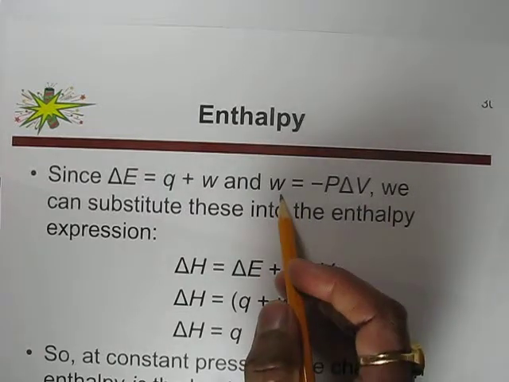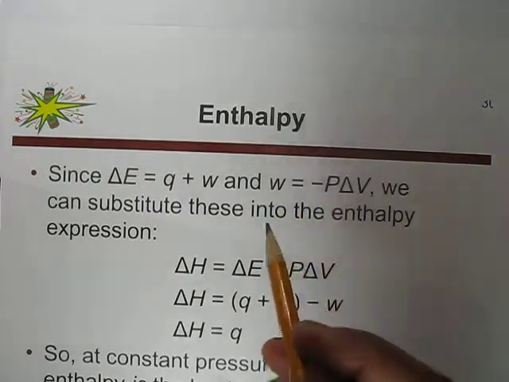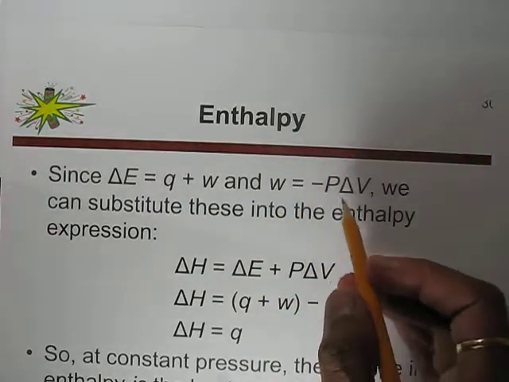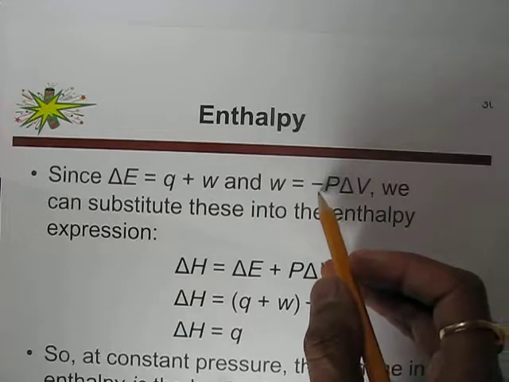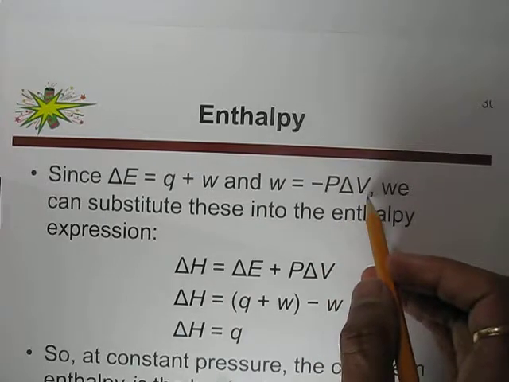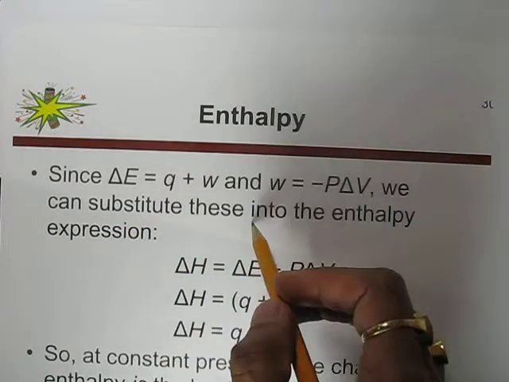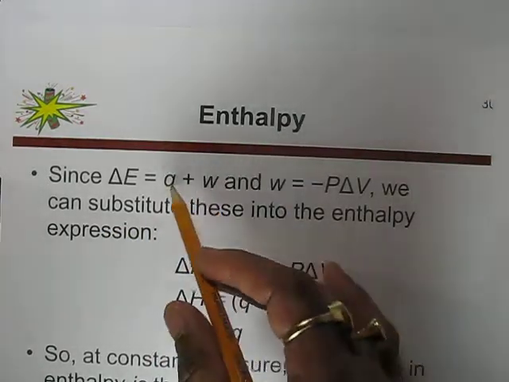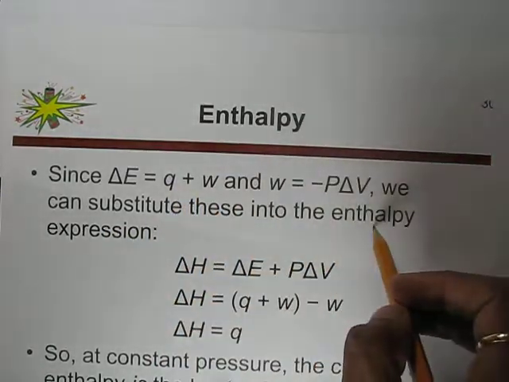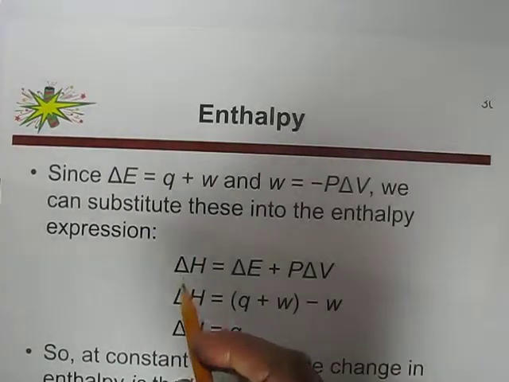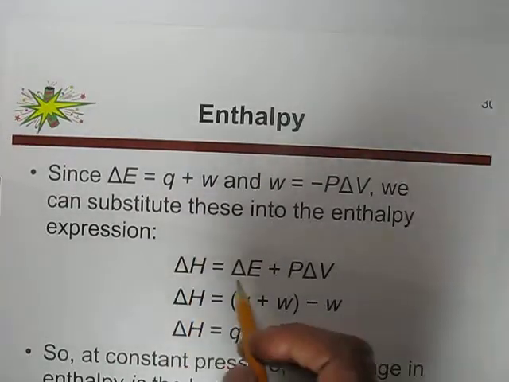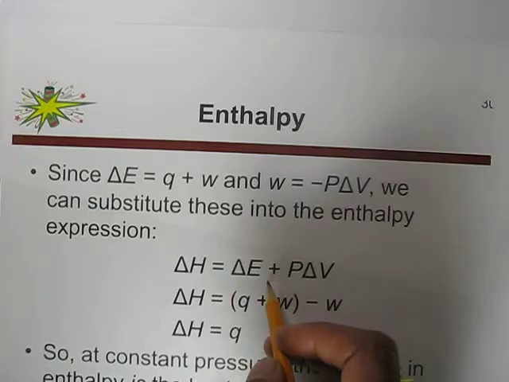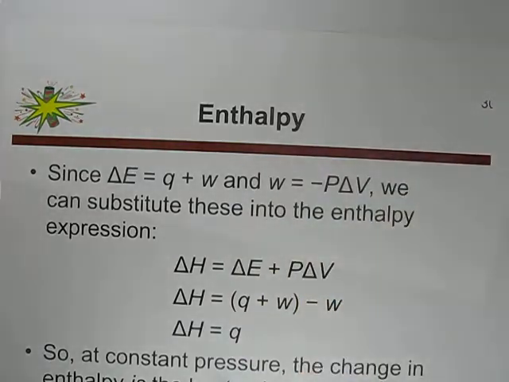And work, as we have seen in the previous video, can be written as minus P delta V. So we can substitute these values into the enthalpy expression. So change in enthalpy is equal to delta E plus P delta V.